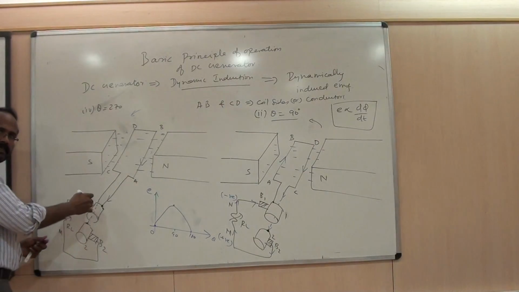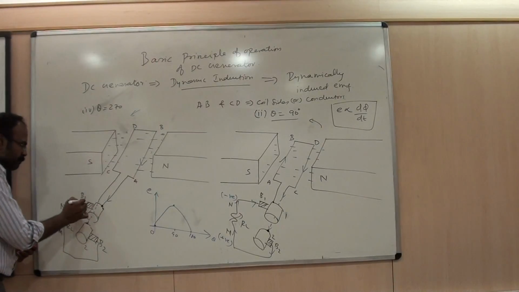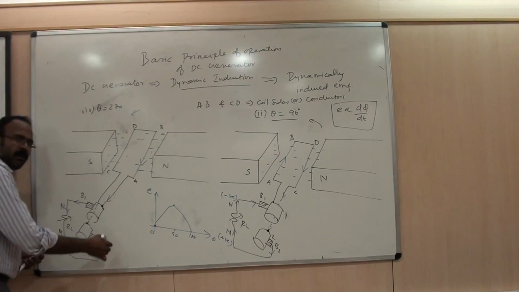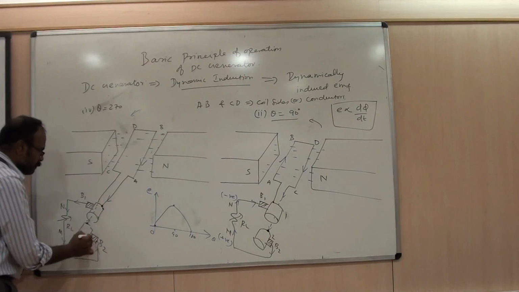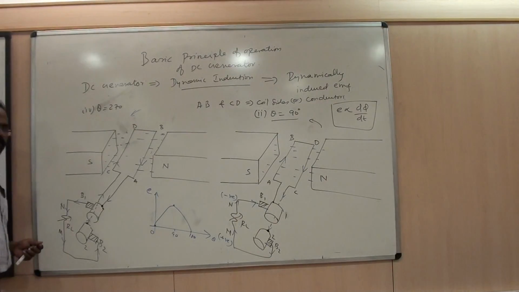Since it is rigidly fixed to slip ring 1, via slip ring 1 it goes to brush B1, then flows like this, then enters via brush B2 and the slip ring to conductor CD.